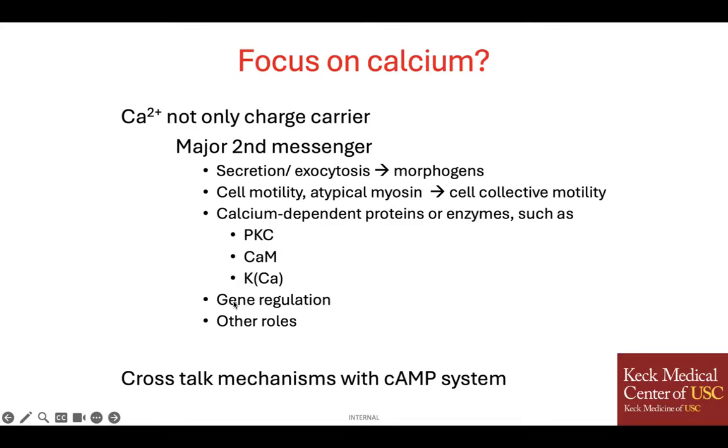Calcium can also modify gene expression, okay? There are other roles of calcium that I'm not going to really talk about, but for example, calcium also triggers skeletal and smooth muscle contraction. And what's cool about calcium as a second messenger is that there are a lot of means whereby it can crosstalk with the cyclic AMP system.